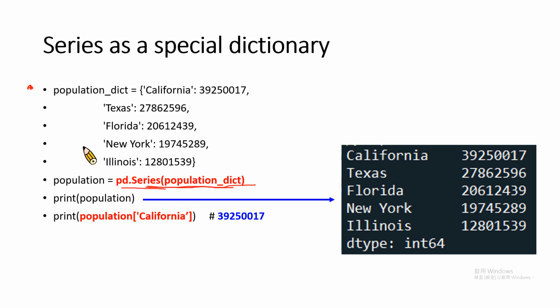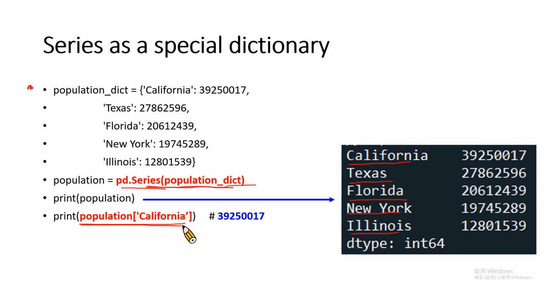In this case, the keys of the dictionary become the index of the series. If you print out the population, you will see the keys of the dictionary become the index of the series.